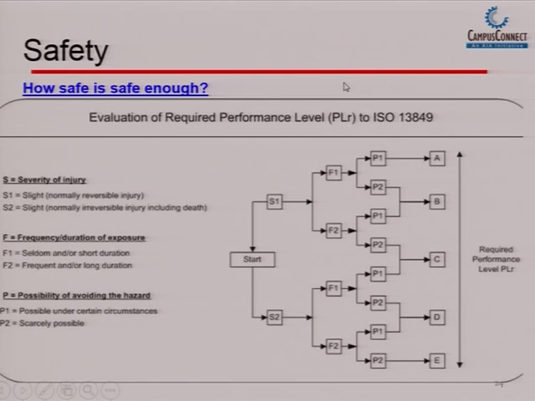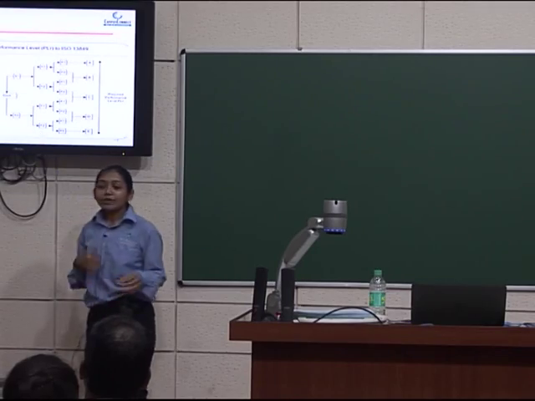When we talk of safety, there are different ways in which you design safety. One of the ways, according to ISO 13849, is this one. You divide the category of safety into performance levels, A to E. Now, when you say the machine should start, what is the severity of injury that might occur?